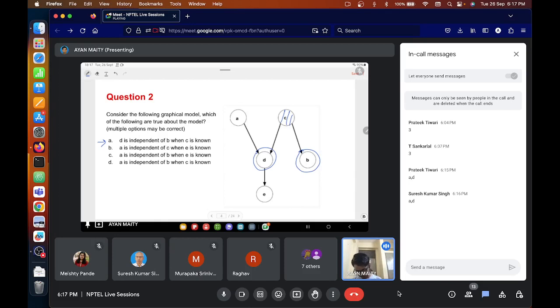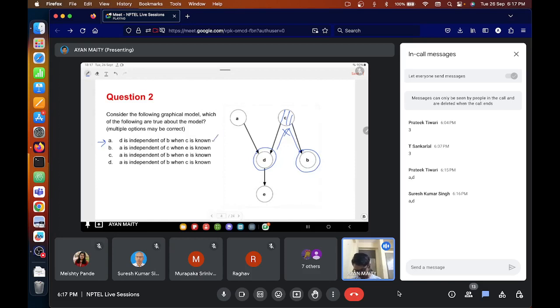If C is given, there is only one undirected path from D to B via C, and this path is blocked. So if there is no path from D to B given C, in that case D and B are conditionally independent. So first option is correct.